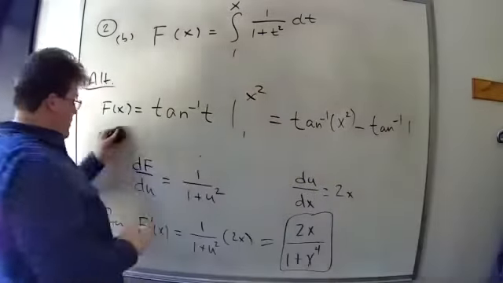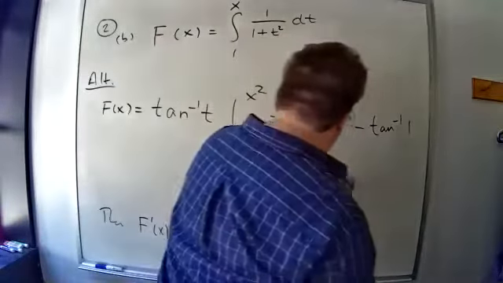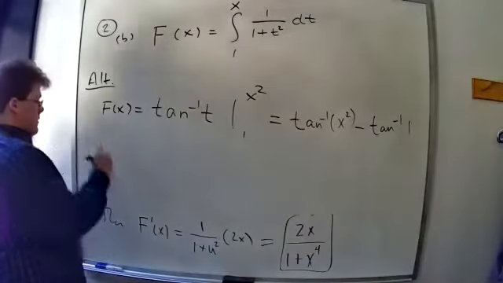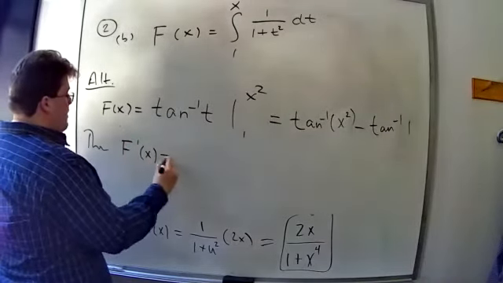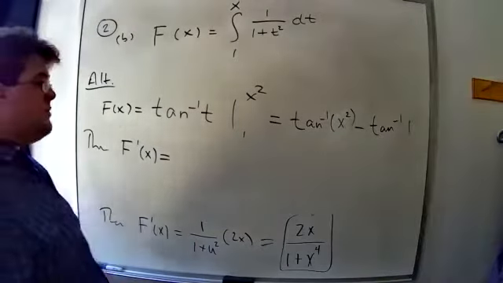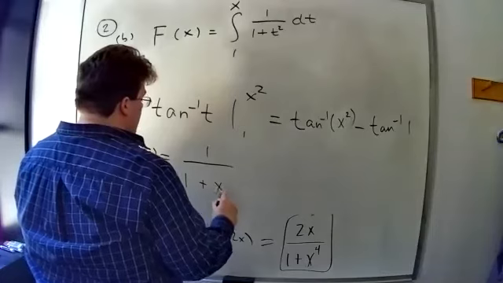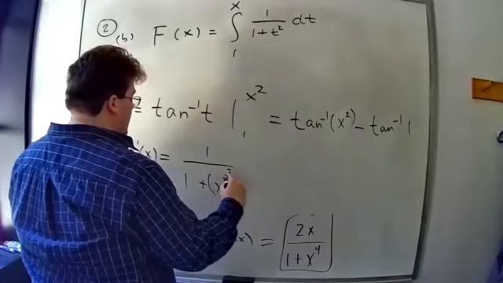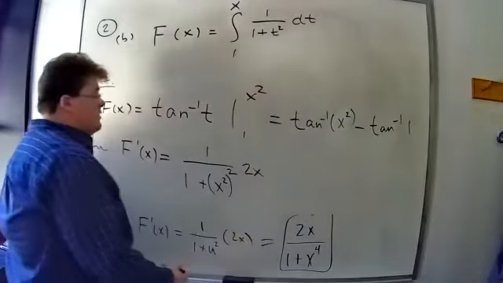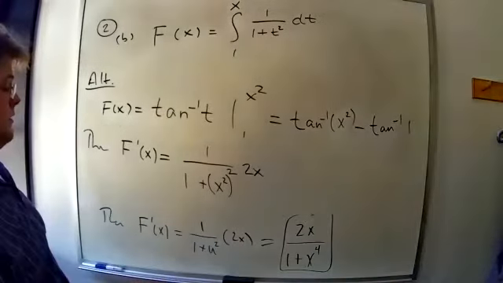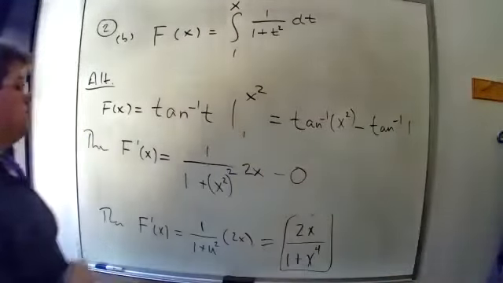And how do we do the derivative now? Well, then f prime of x, derivative of inverse tangent of x squared is what? 1 over 1 plus the inside squared times the derivative of x squared, minus the derivative of a constant, which is 0.